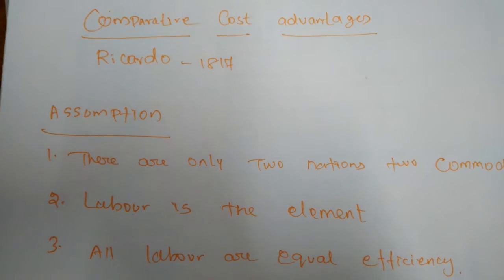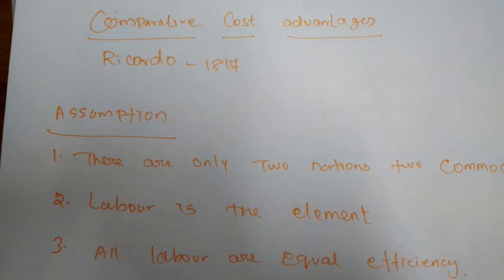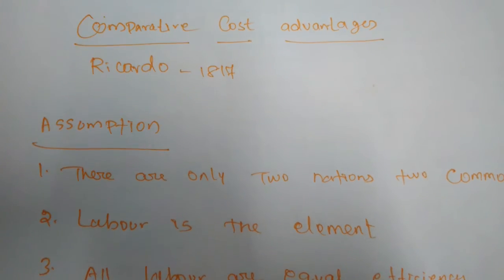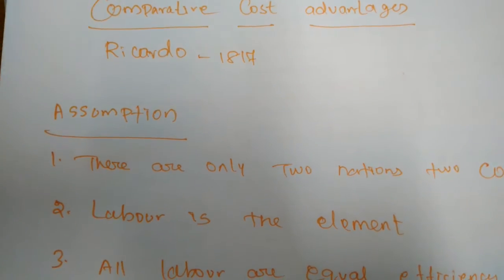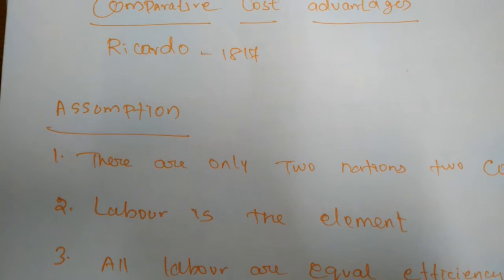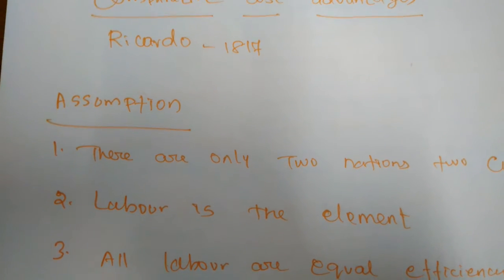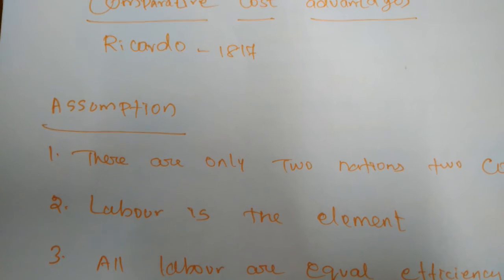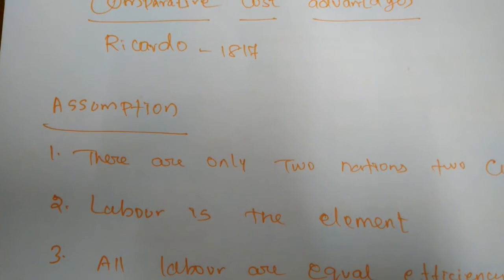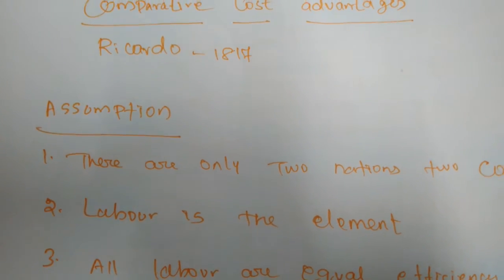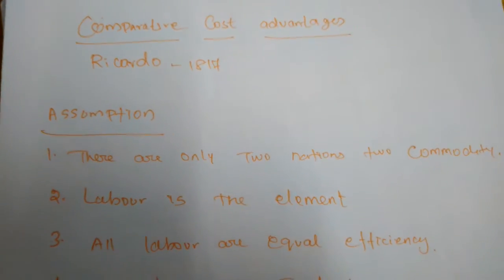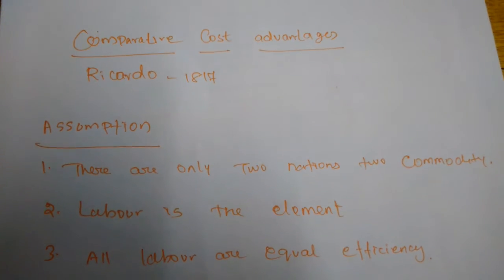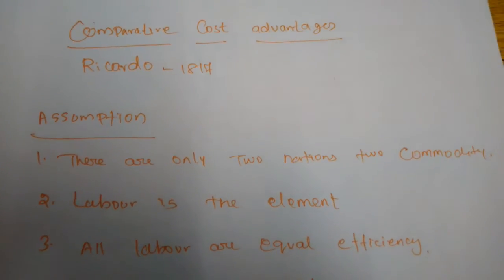According to Ricardo, a country can gain from trade when it produces at relatively lower cost. So even when a country enjoys absolute advantages in both goods, the country would specialize in the production and export of those goods which are relatively more advantageous.